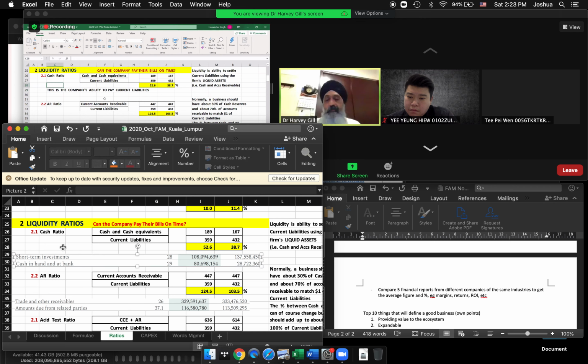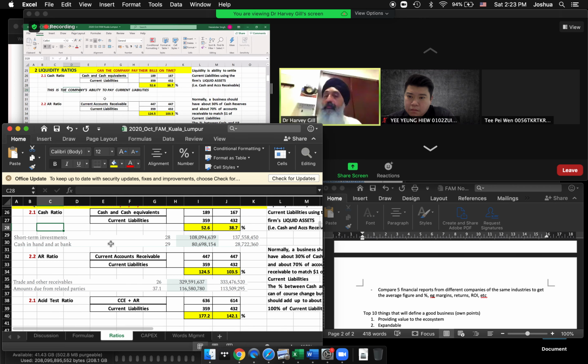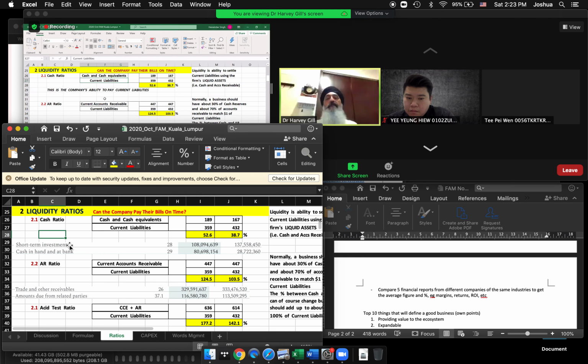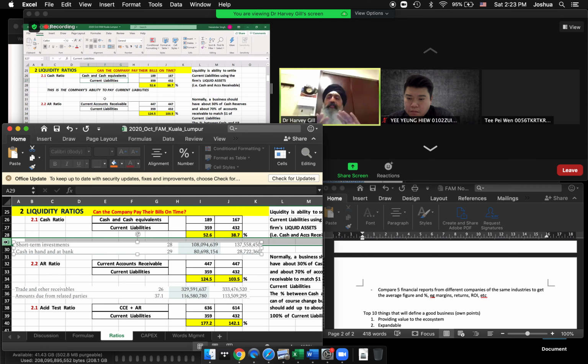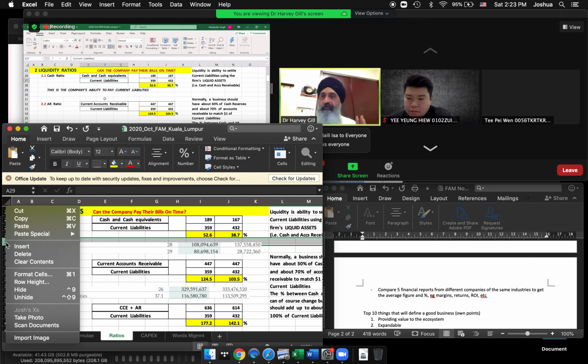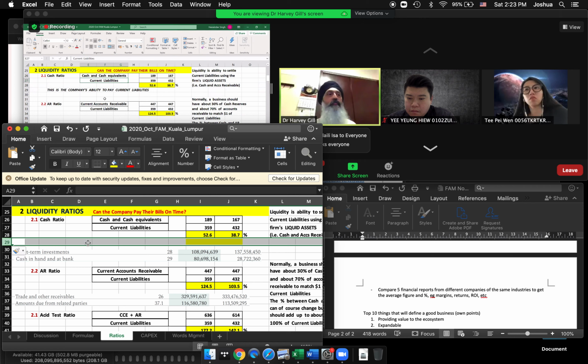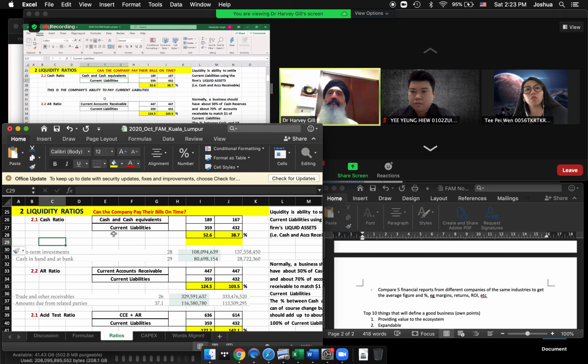Now, how do we measure it? We look at cash and compare it to current liabilities. How much cash we have compared to current liabilities. As a very, very general and rough rule, please don't take it as a fixed rule, business wisdom says that you should have 30 cents to the dollar for most trading companies, retail kind of business.